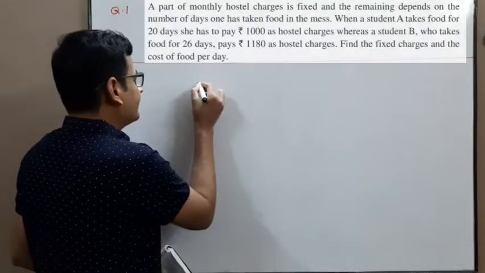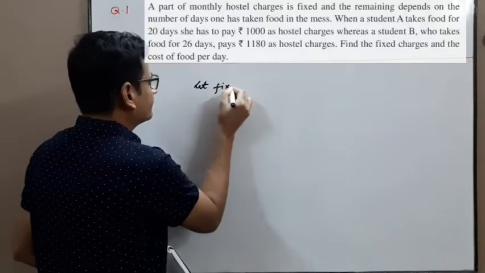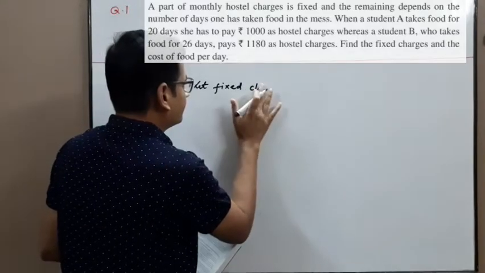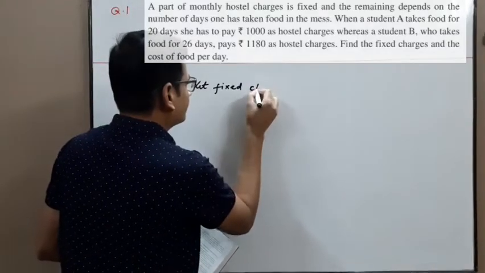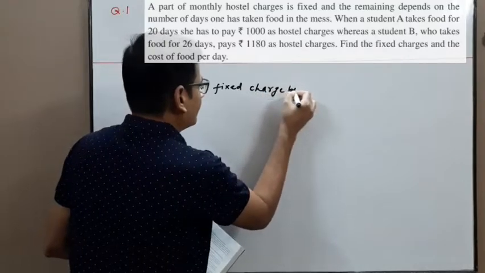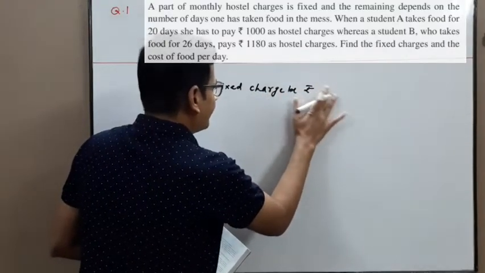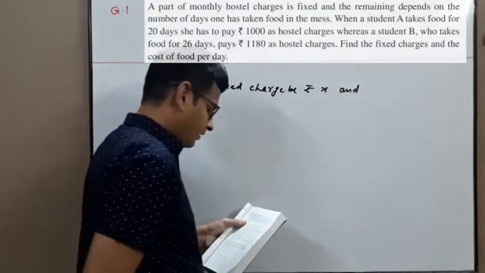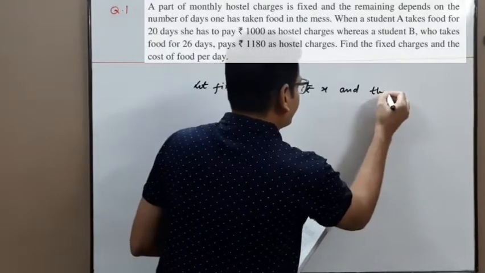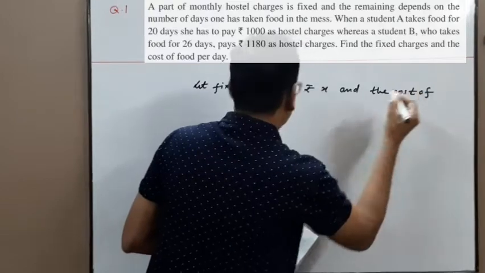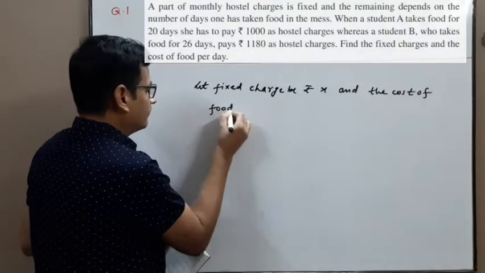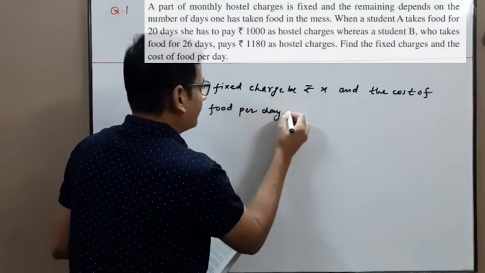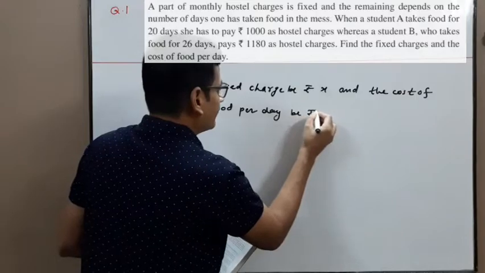So first step, let the fixed charge be rupees X and the cost of food per day be rupees Y.